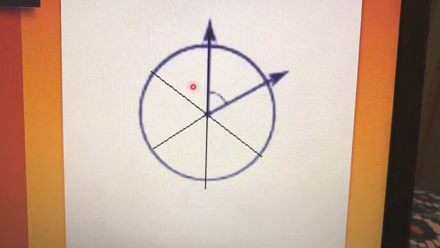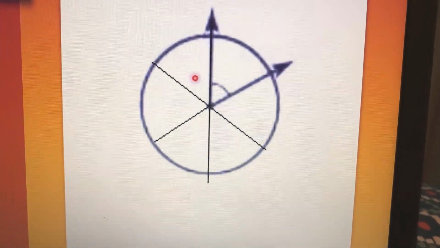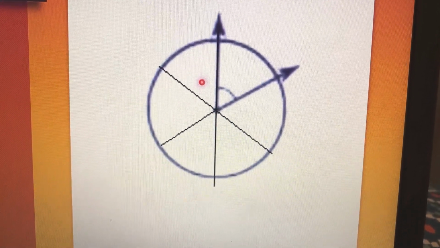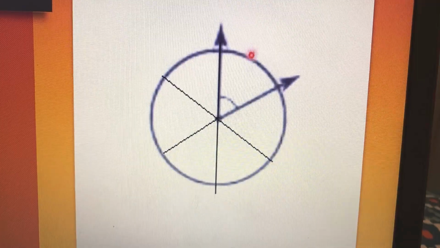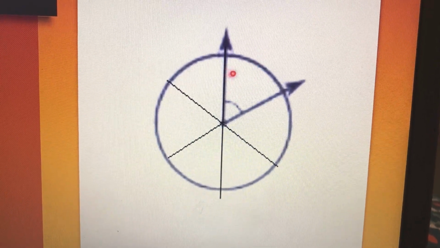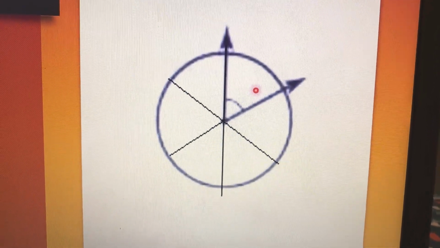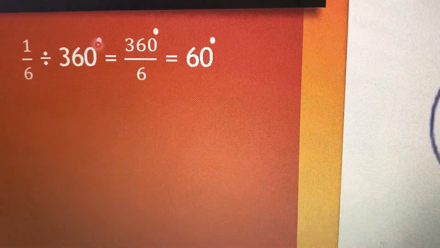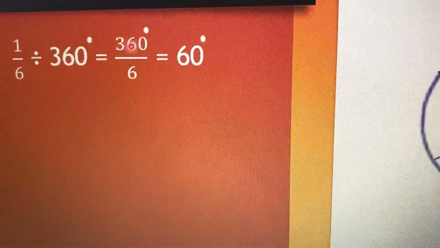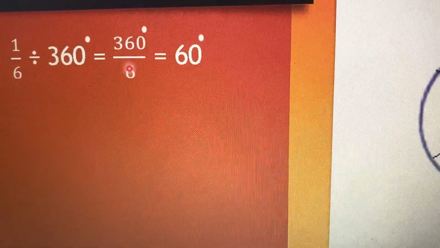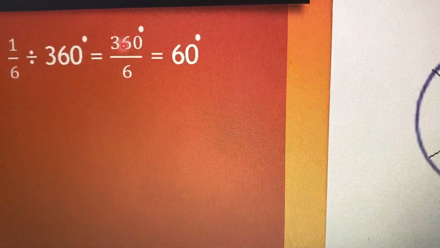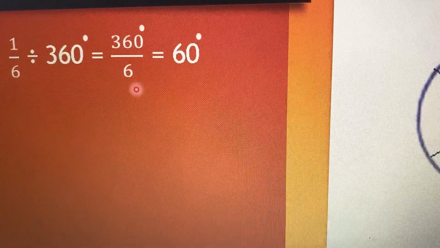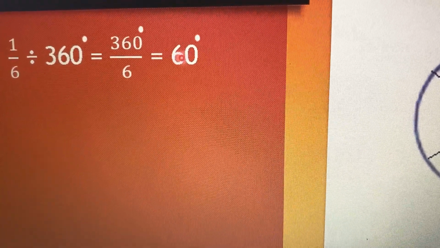So I have 6 equal parts. If I want to use multiplication, I will say 1/6, because this angle equals 1/6. 1/6 times 360 degrees equals 360 over 6. 36 divided by 6 equals 6 and 6 divided by 6 equals 1. So the answer will be 60.